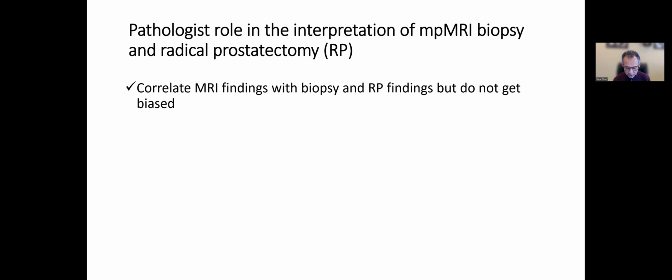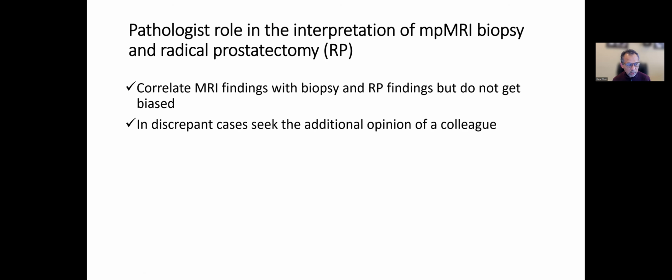Otherwise you may start upgrading some of those patients who are on active surveillance and come with an imaging suspicion of a higher Gleason grade on a repeat MRI. So it is important not to get biased, but at the same time we objectively need to correlate our findings with the MRI findings. If you have discrepant cases, seek the additional opinion of your colleagues.